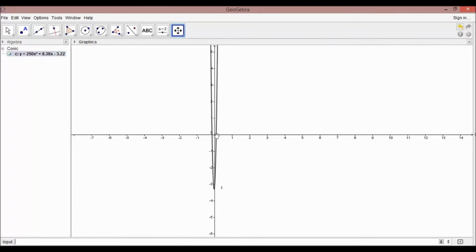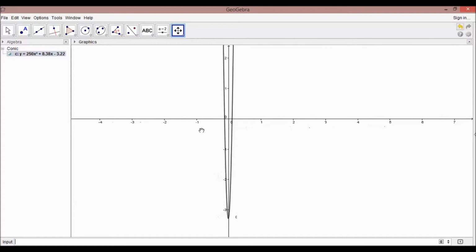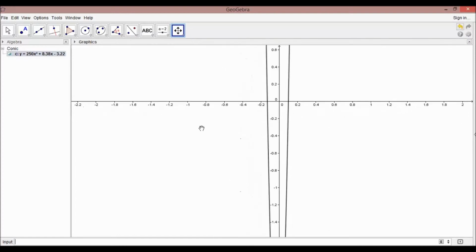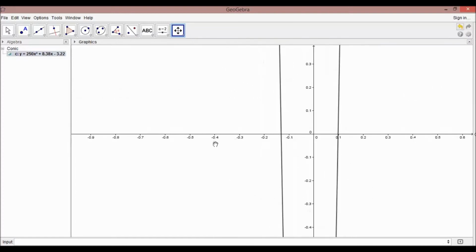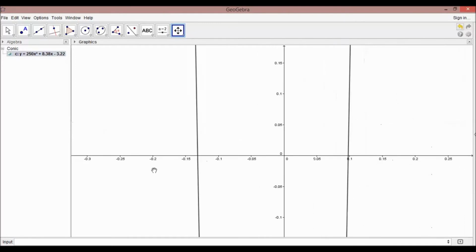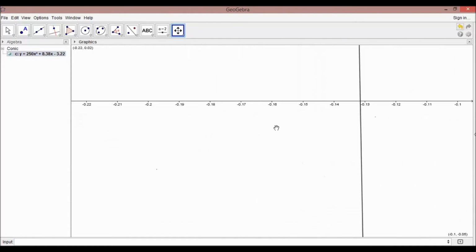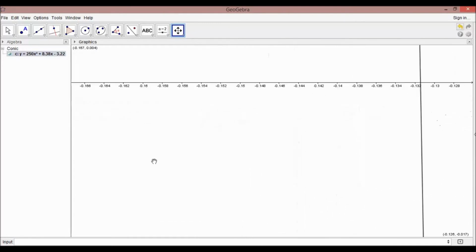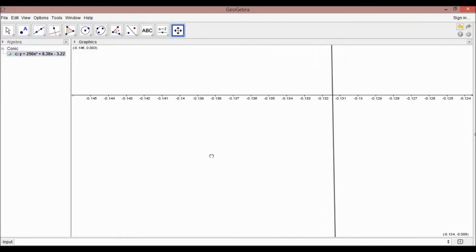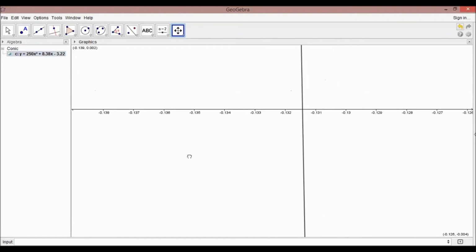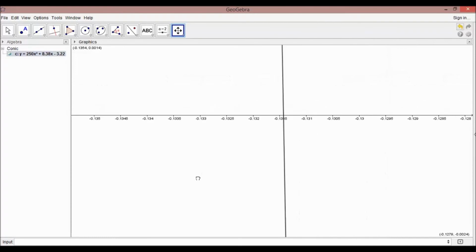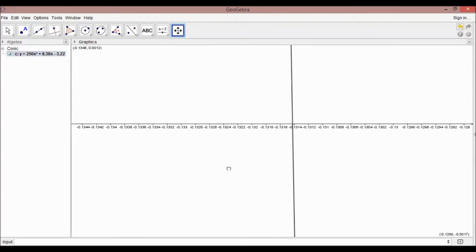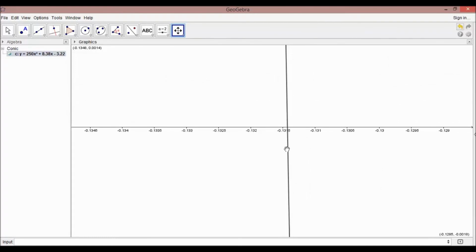And remember that you want the negative value, so we can zoom in until we get the desired accuracy. And so to three significant figures, we have negative 0.131.